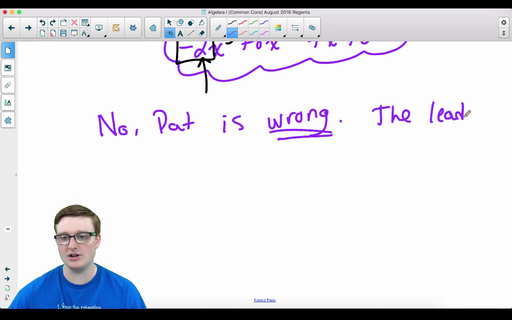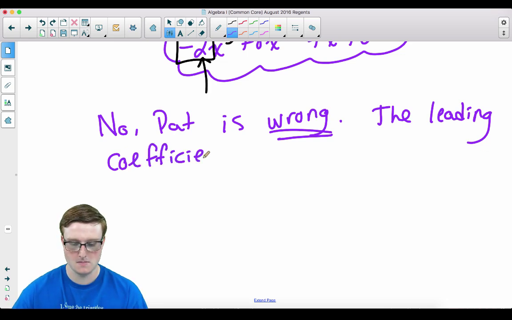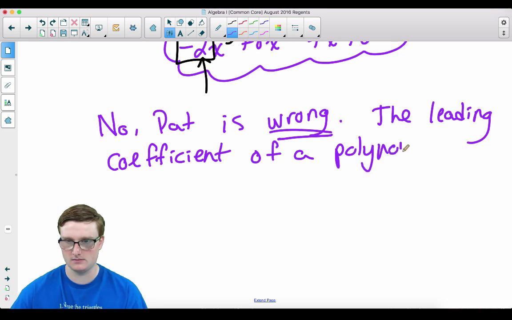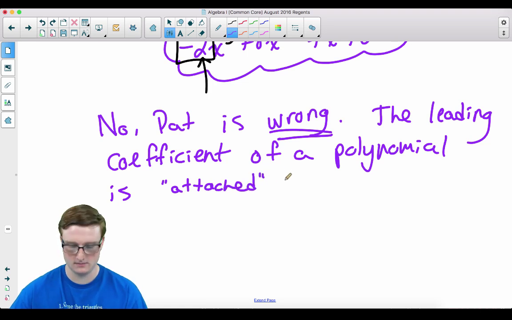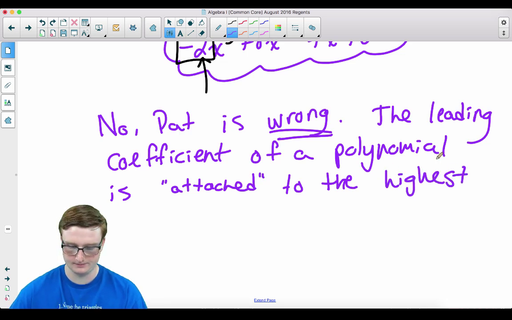The leading coefficient of a polynomial is attached to the highest ordered variable.